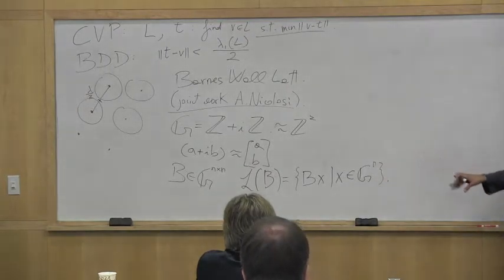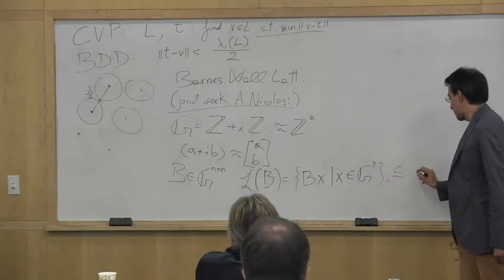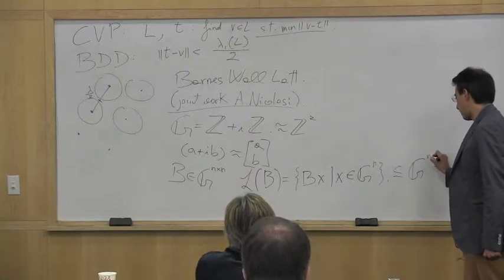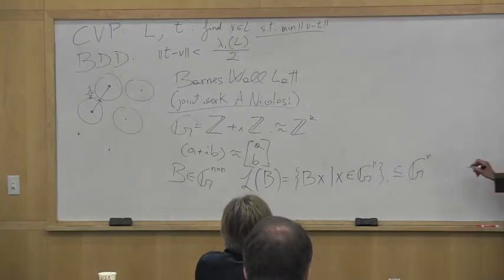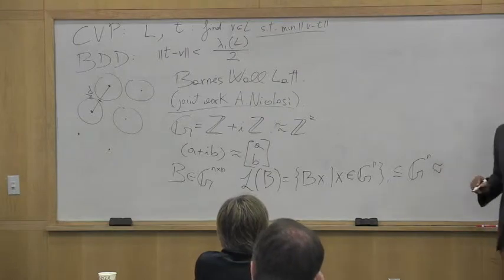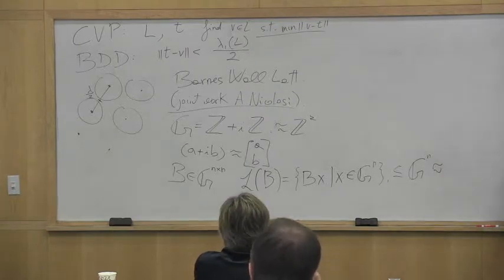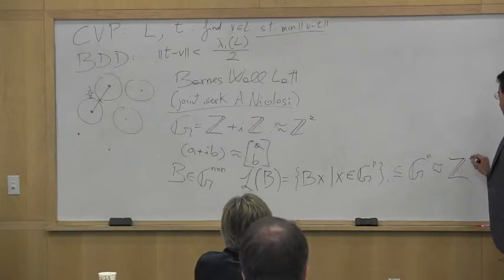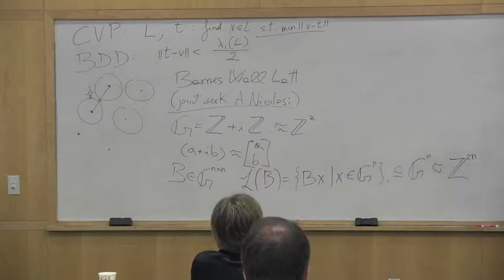And you can think of this as an n-dimensional lattice with complex entries, or equivalently, you can turn each complex entry into a two-dimensional integer vector, and that will give you an integer vector with 2n components.